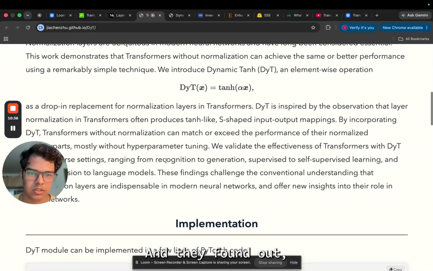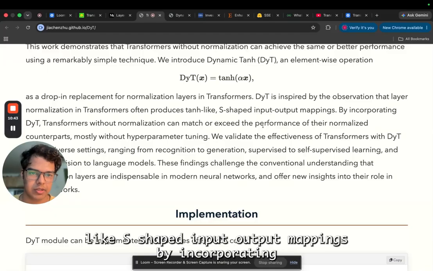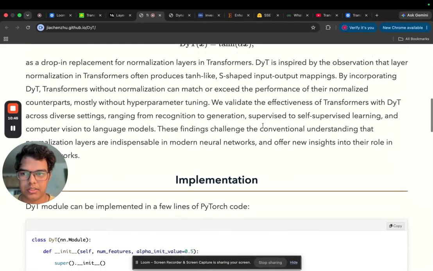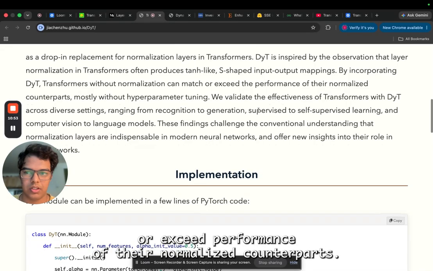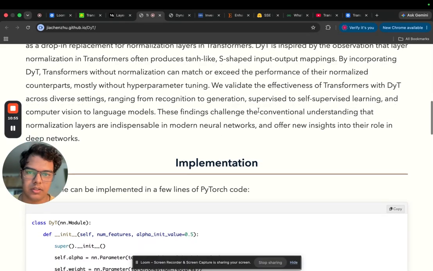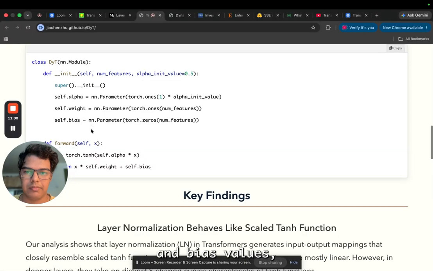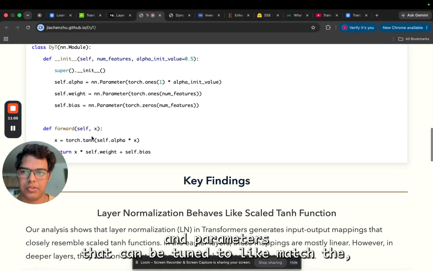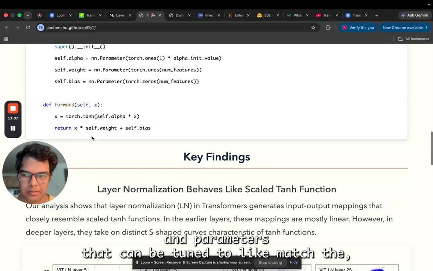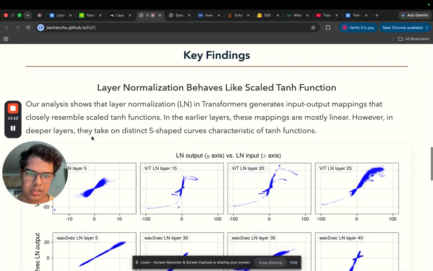They found that transformers often produce tanh-like S-shaped input-output mappings, and by incorporating dynamic tanh, transformers without normalization can match or exceed the performance of their normalized counterparts. And this is the code snippet that they gave us, with alpha, weight, and bias parameters that can be tuned to match the performance of the normal normalization layer.